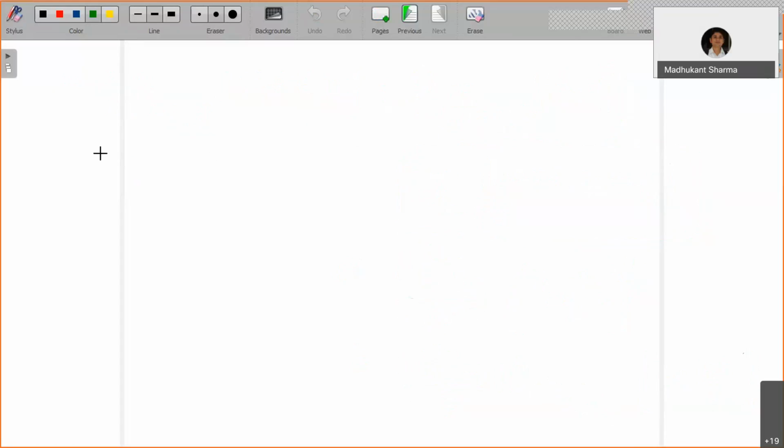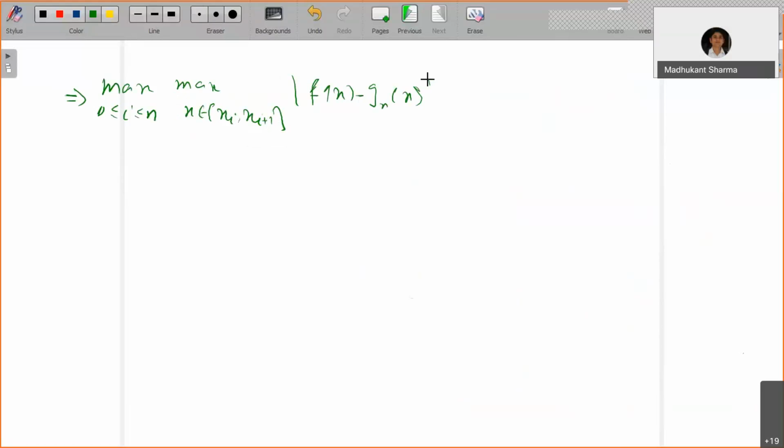So if you take the maximum over 0 less than or equal to i less than or equal to n, and the maximum over x belonging to [xi, xi plus 1] of the modulus of f of x minus gn of x, this is less than or equal to the infinity norm of f double dash by 8 times h square.